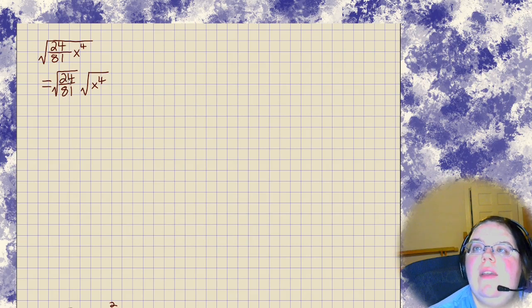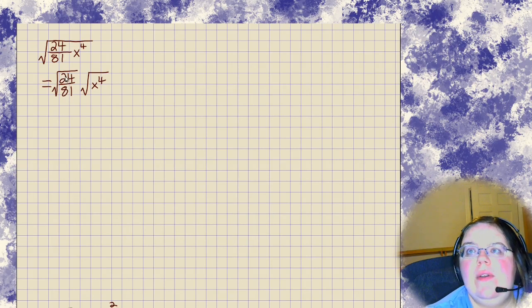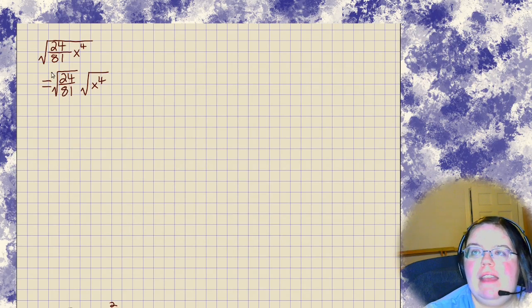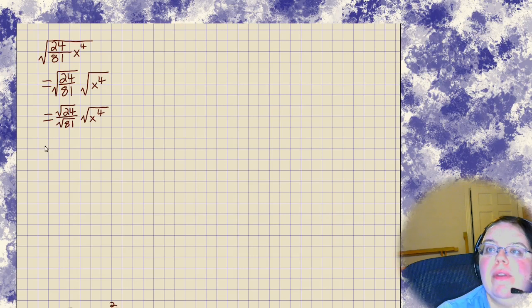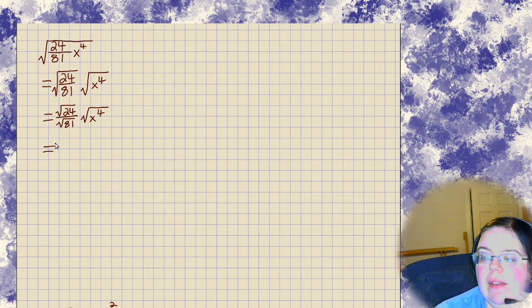And then we already know, because fractions behave nicely with radicals, that we can break it down to this. Okay, so then our question becomes, how do we break this down further and get as many radicals to just normal numbers or normal variables as we can?